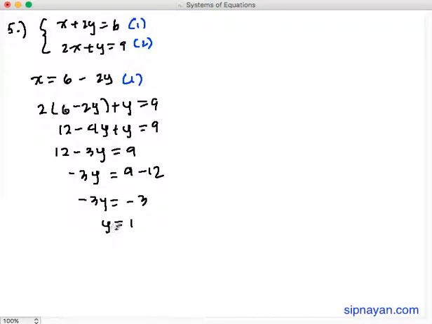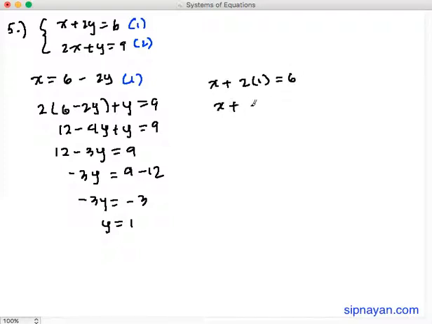Kuha na natin yung y. We solve for x by substituting. Siguro mas madali sa equation 1. So from equation 1, we have x plus 2y, but meron na tayong value for y, which is 1, equals 6.